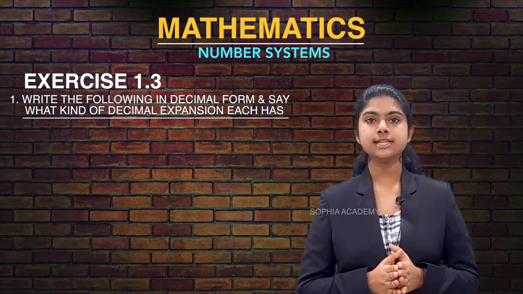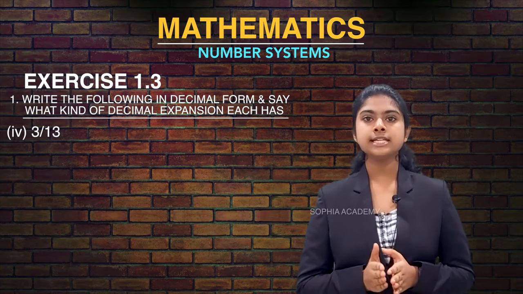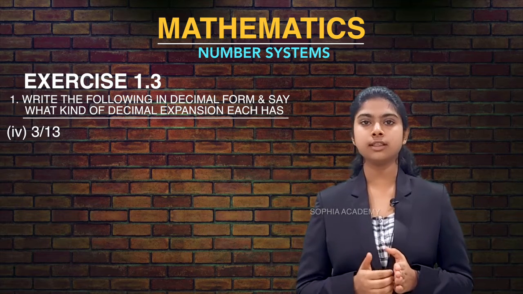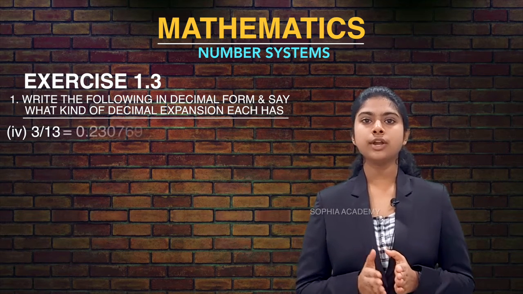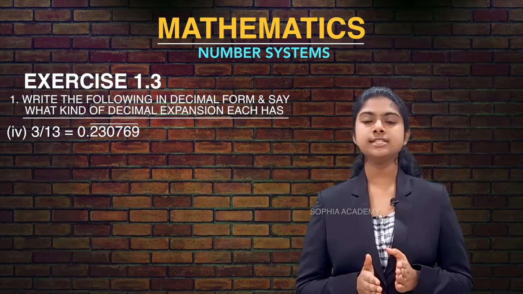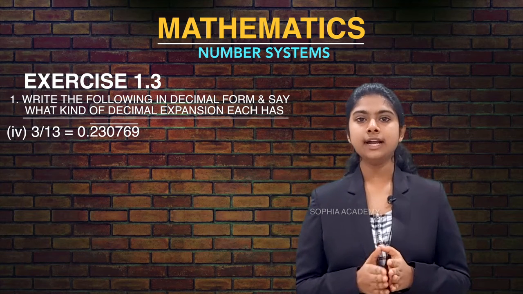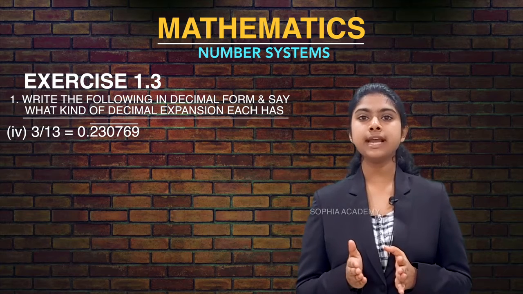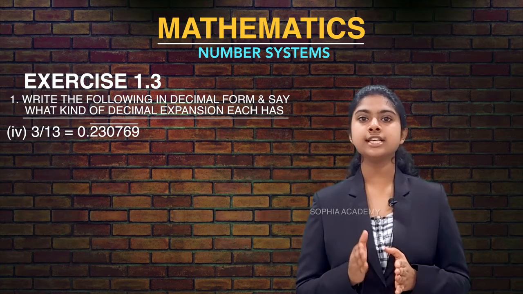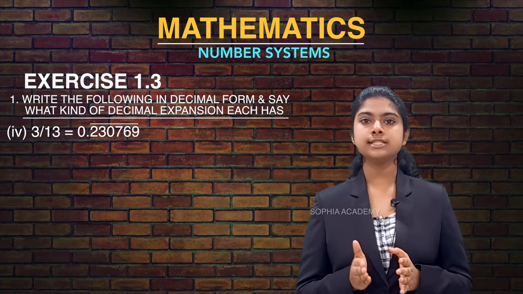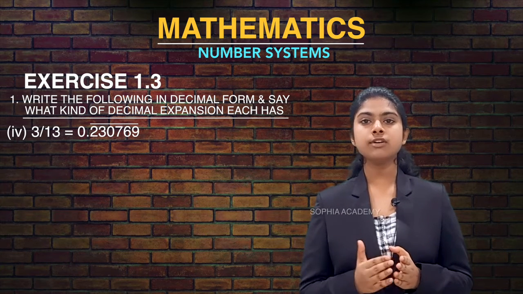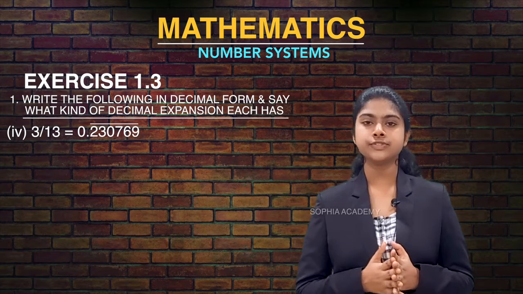Now the fourth question is 3 by 13. The decimal expansion of 3 by 13 when we do the long division method is 0.230769. Even after the decimal, these numbers keep on repeating, 230769 again and again, and the remainder never comes to 0.